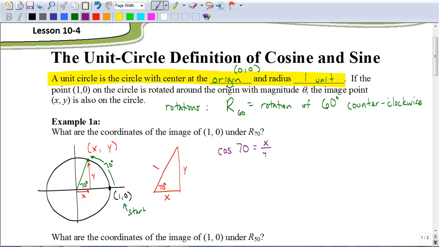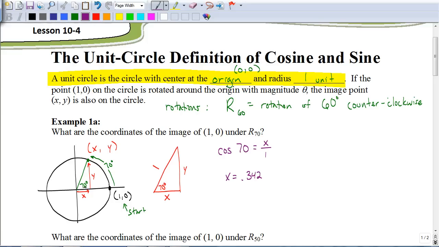So in other words, to find x, I'm just going to take the cosine of 70, and the cosine of 70 ends up being 0.342. That's my value for x, which makes sense because if you look at my diagram here, if this is 1 unit where I started out originally, this new point is less than halfway, so it's about 0.342 units away from the origin.